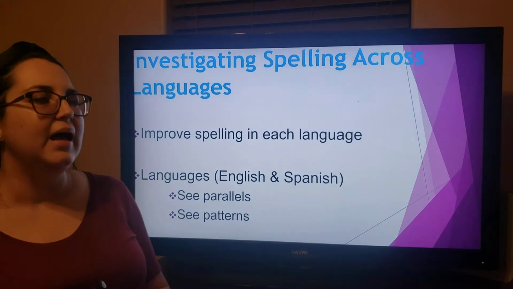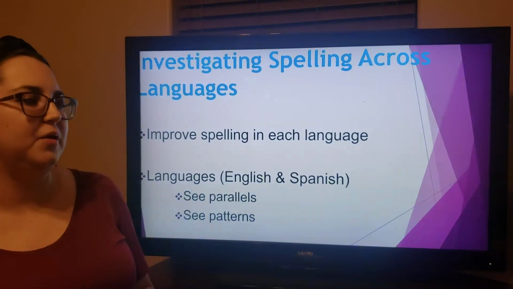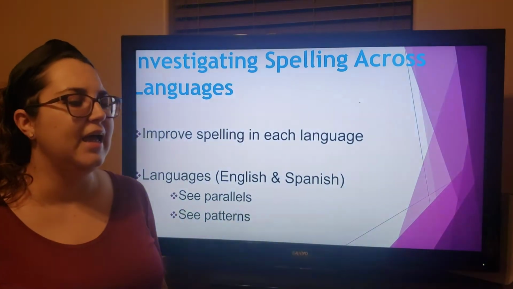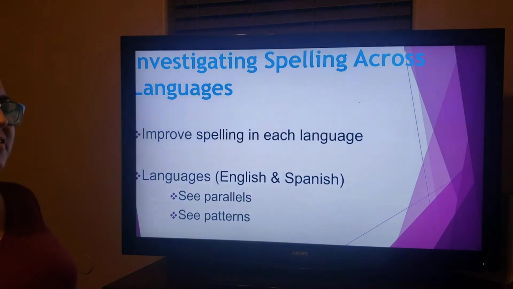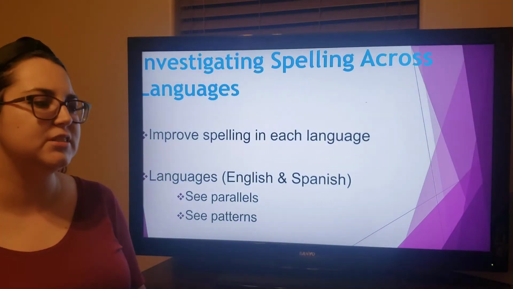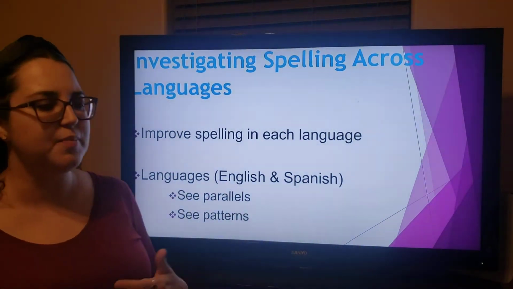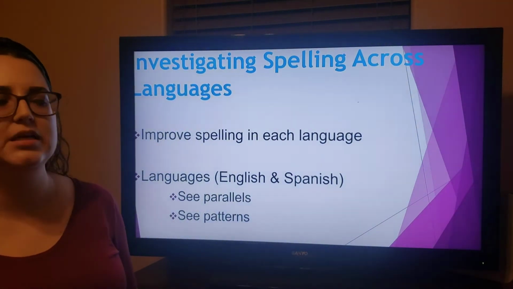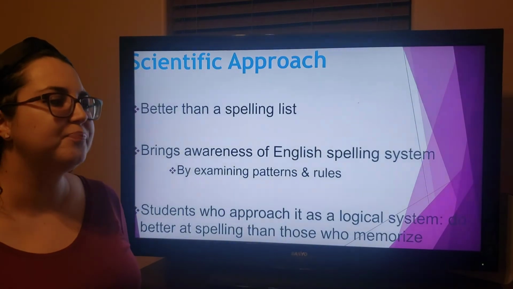Okay. Something that was really interesting to me was when they brought up investigating spelling across languages, and one of the benefits that they gave for this was to improve spelling in not just one but in both languages. And they pointed out English and Spanish, right? These languages, they can see the parallels, they can see the patterns as well.